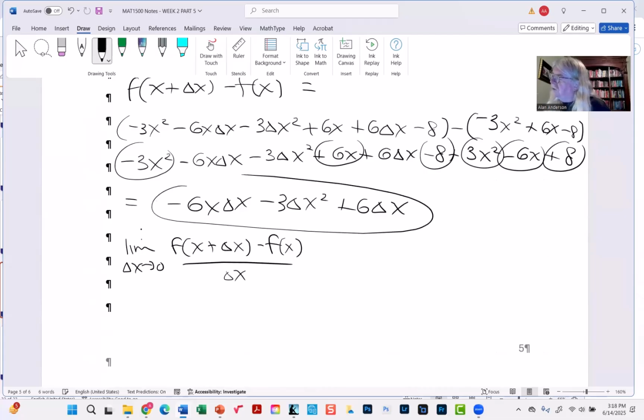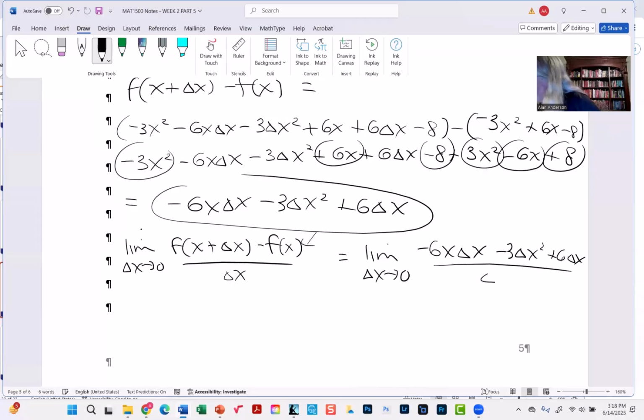So this is equal to the numerator of this expression. Now, I did divide by delta x.